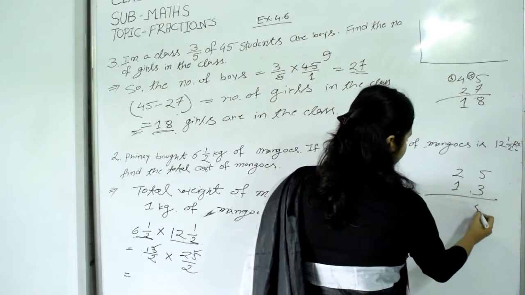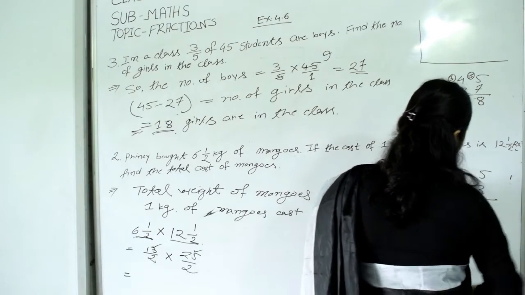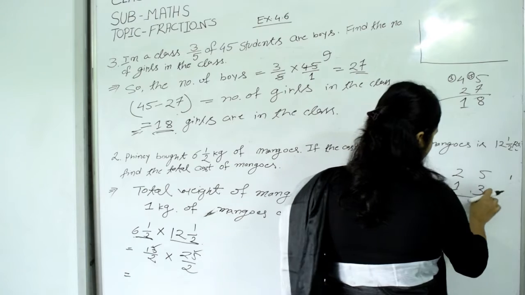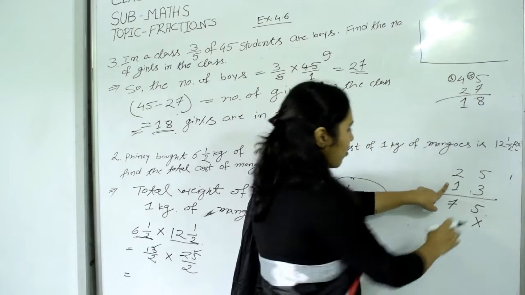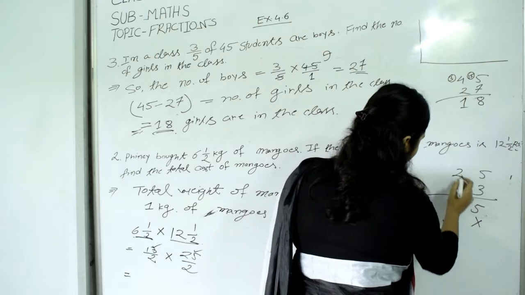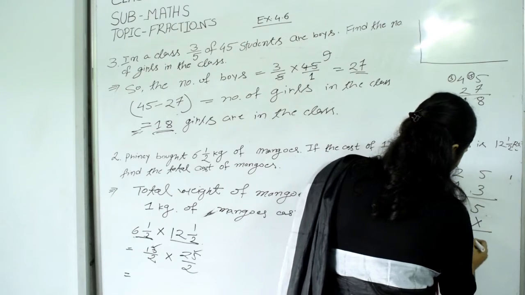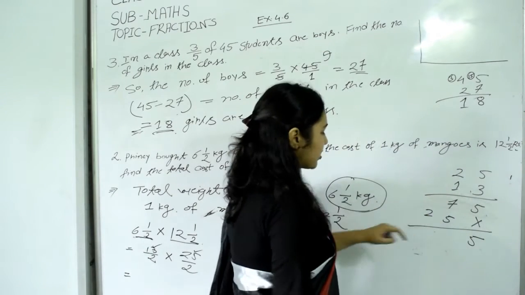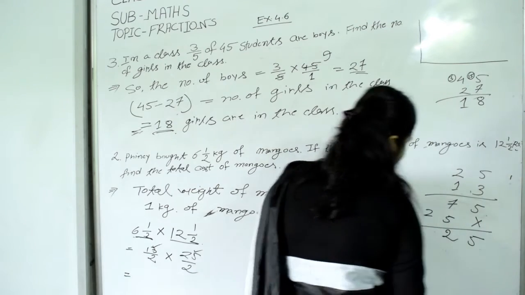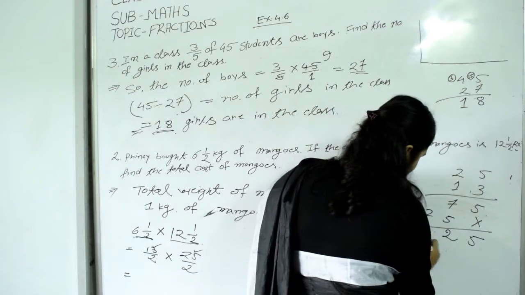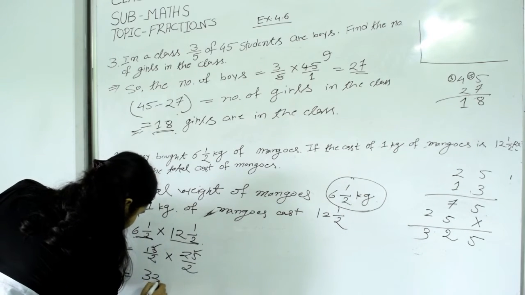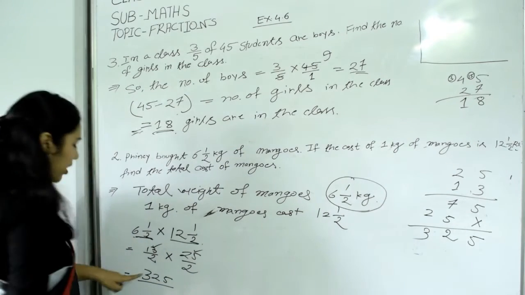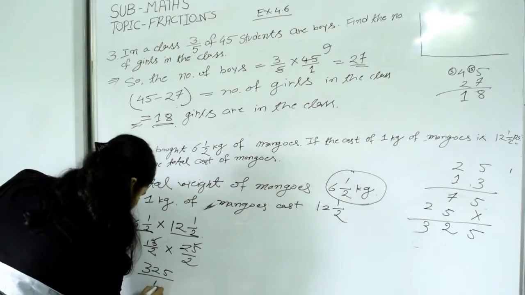Okay. 3 5s are 15. 1. 3 2s are 6 plus 1, 7. Now 1 5s are 5 and 1 2s are 2. 5 plus 7, So our numerator is 325 divided by 2 into 2, which is 4.